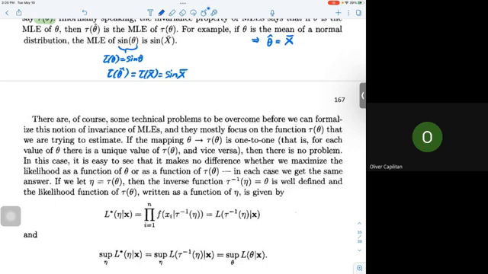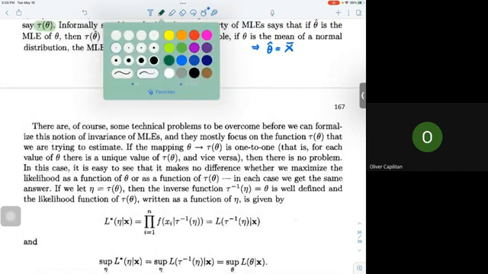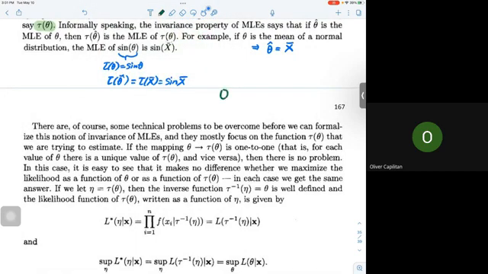Okay, so if we have a mapping on the parameter space to another parameter space, say this is our parameter theta, this is its mapping, we have tau. So this theta has an image under tau, tau of theta, on the parameter space.